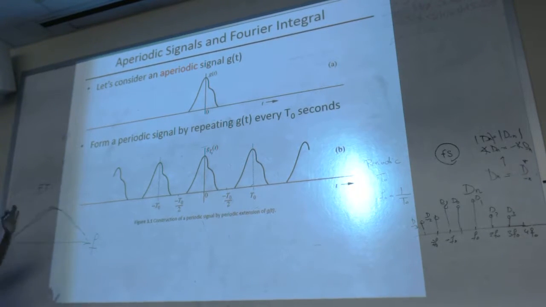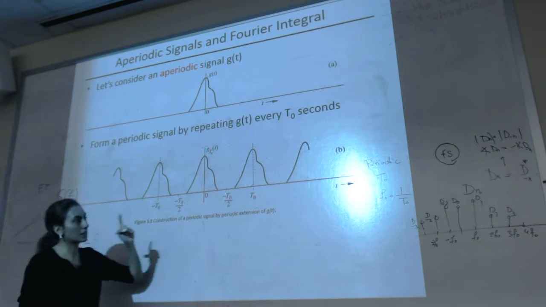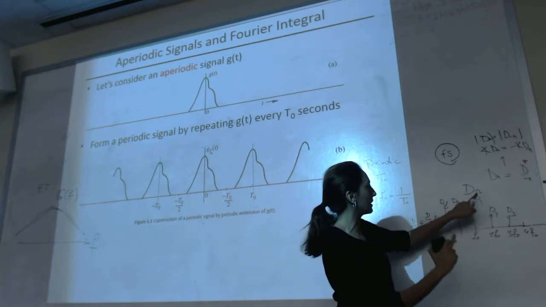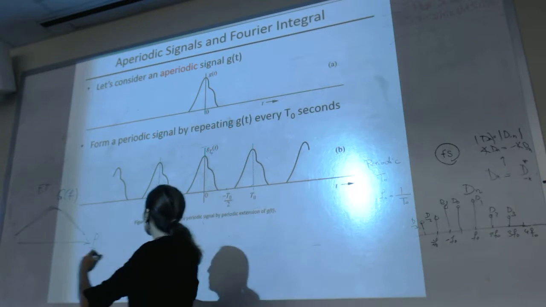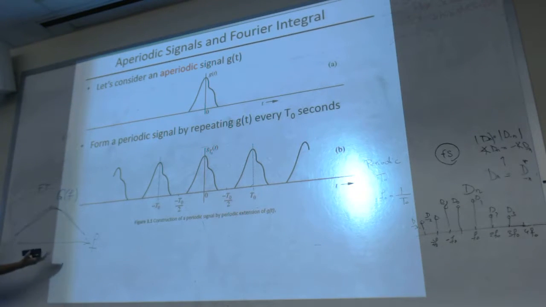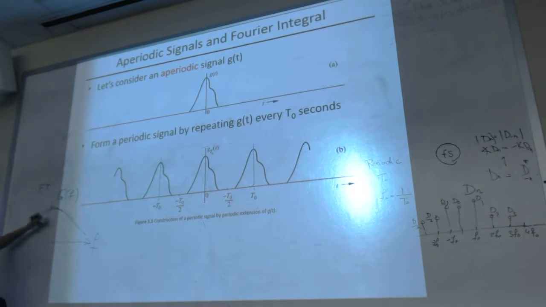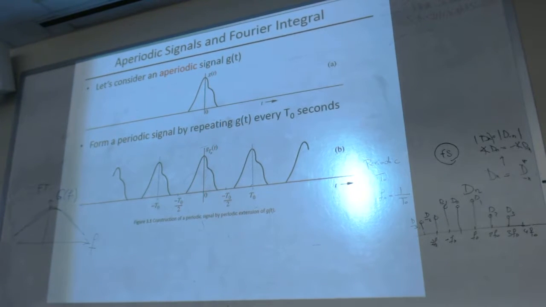So here we are working with continuous G(f). G(f) is continuous here, whereas in Dn, n is discrete, right? n could be 0, 1, 2, 3, etc. Here f could be anything. All the frequencies could be available, and everything else is the same.